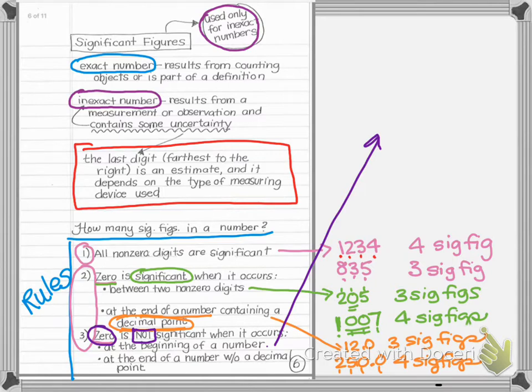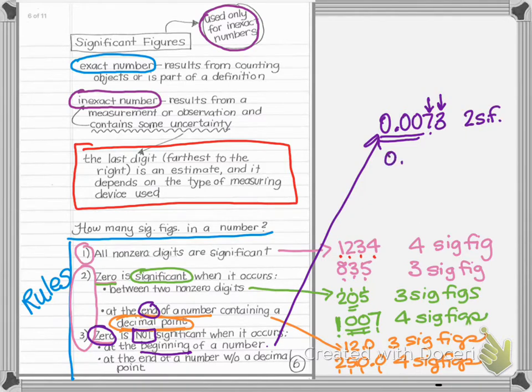So at the beginning of a number, I would have, let me think of one, 0.0073. So they're talking about all these zeros here, and they're saying those don't count. If they come before a non-zero digit, even those after a decimal, if they are before, they don't count. If they are after, they do. So these don't count. So this would just have 1, 2 significant figures.